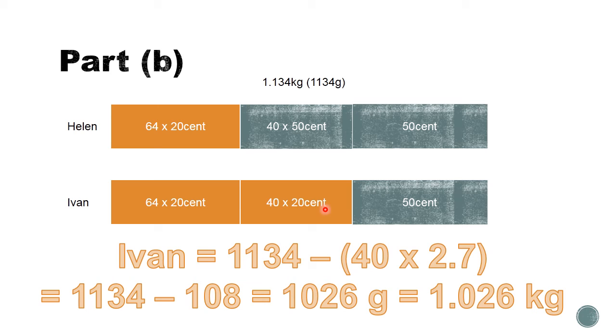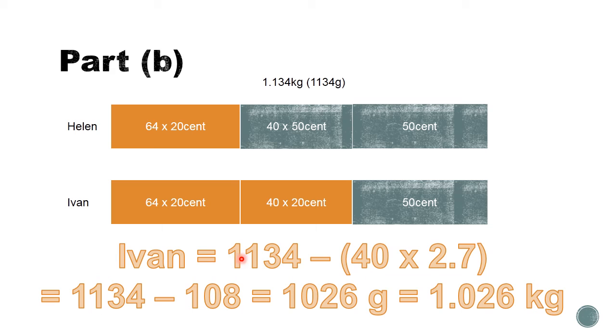We are also informed that the 50-cent coin is 2.7 gram heavier than the 20-cent coin. So this part we are given 2.7. This 1134 is actually in gram, Helen's weight.